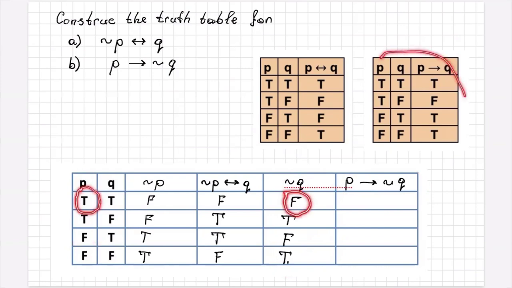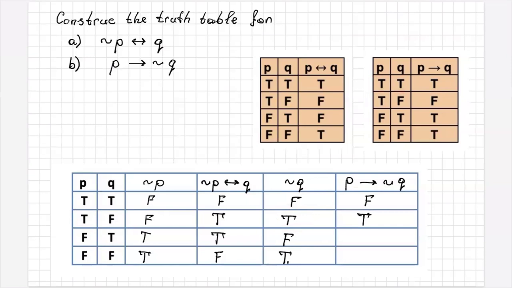I'm going to this table here. The first value is true, the second one is false. The conclusion is false, so writing it here. Then getting back to the values again, the first value is true, the second is true, and that matches with this. So the conclusion is true.